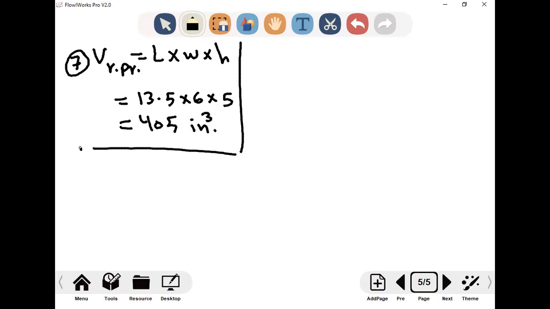Question 8. Regular pyramids. When I say regular, it means the length and the width down are the same. So we have a square, like the exact pyramids in Egypt.